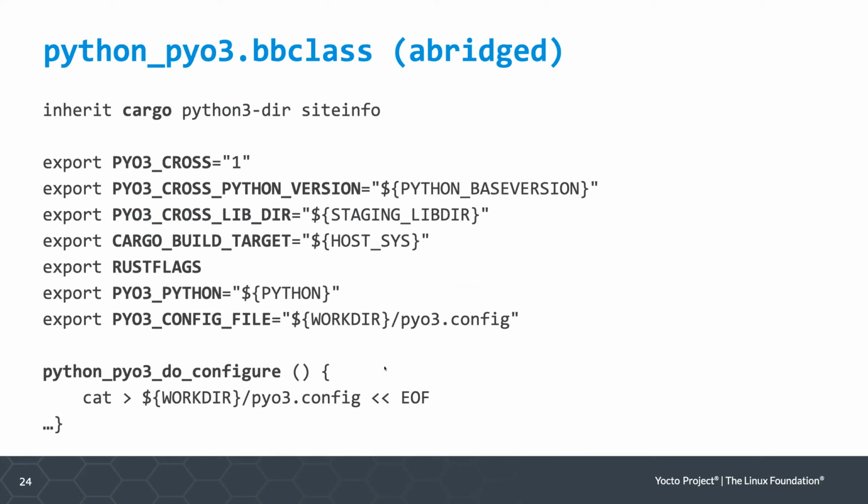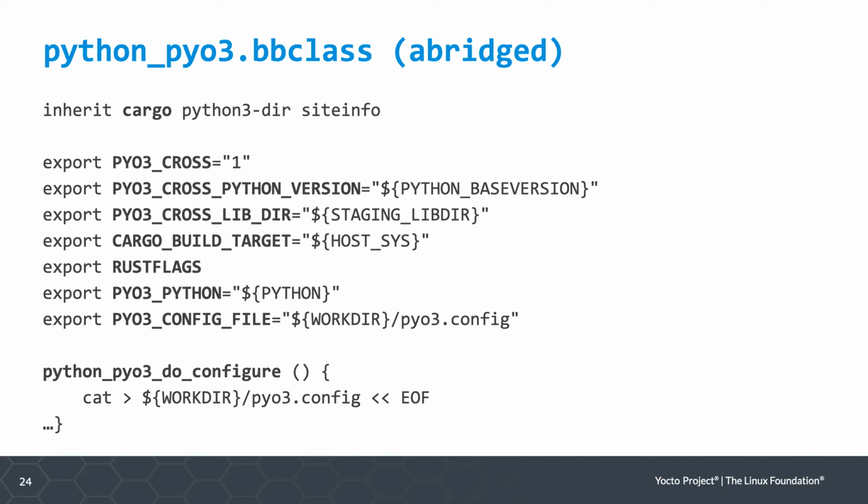So, we're always trying to reuse things and keep things compartmentalized. And so the basis of all of this is this pyo3 class. And also in this release, we decided to namespace all of these classes with python_ before it. In the past, we just had setuptools3 and all these other things, which to those of us that use this every day, it all made sense, right? But we wanted to make it very, very obvious this is about Python.